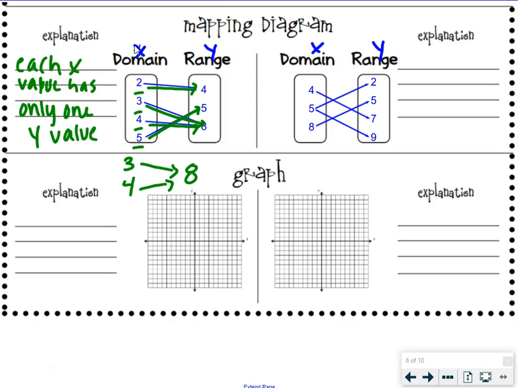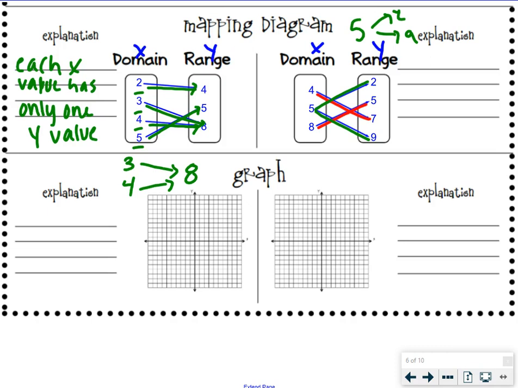Now if we look at the not a function and we follow the mapping, we see that 4 goes to 7, so that's okay. That's 1x to 1y. 8 goes to 5. Again, that's okay. 1x to 1y. But if we look at 5, 5 is going to both 2 and 9. Now that is not okay. 5 cannot go to both 2 and 9.